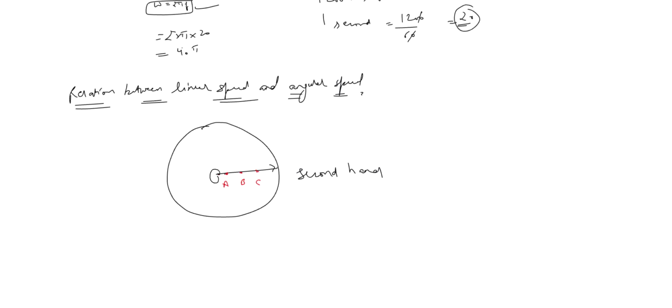So if I ask you, after 60 seconds, what is the angle covered by each of A, B, and C? 2 pi.